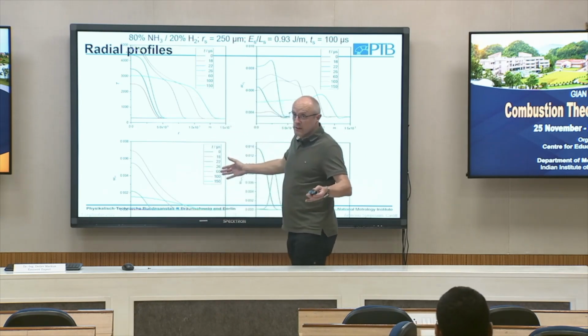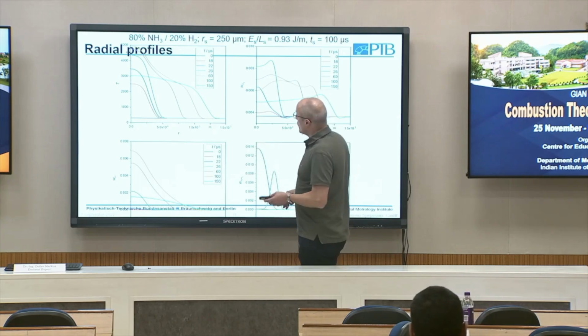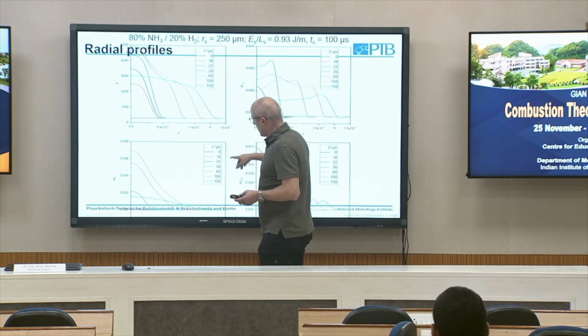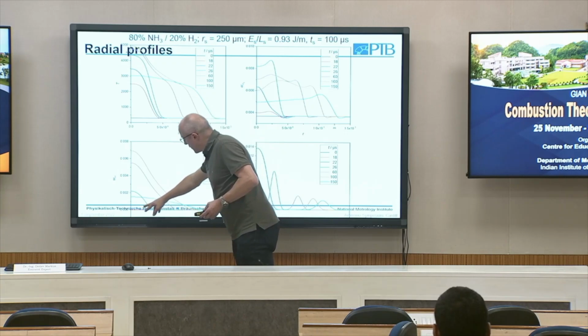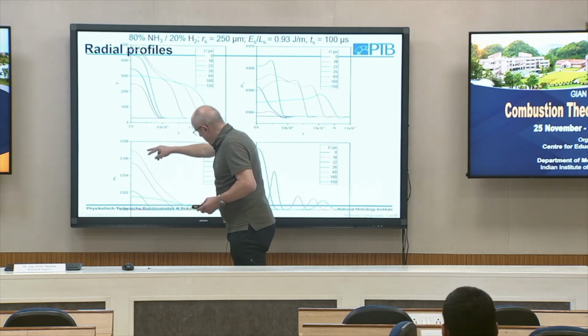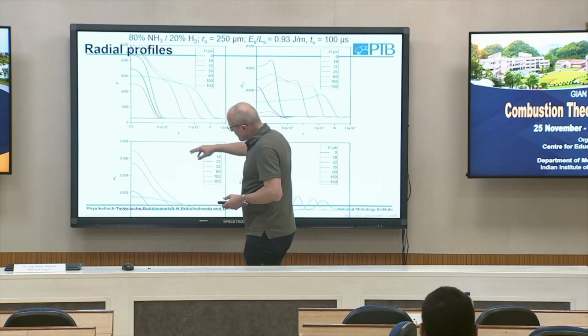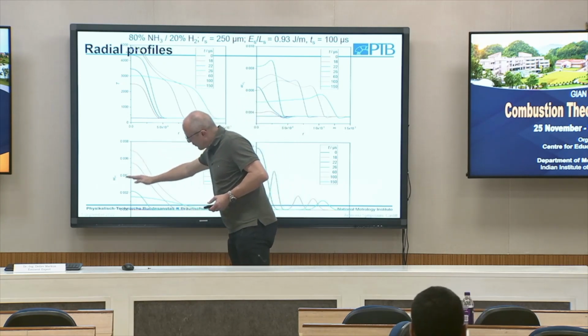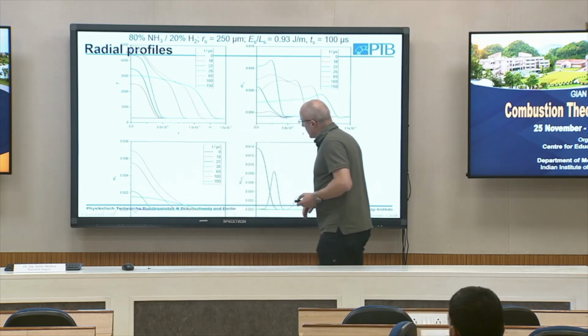I don't know why we have such an unusual plot here. But again, this increases drastically in the hot region, and then after the end of the energy deposition, it decreases.